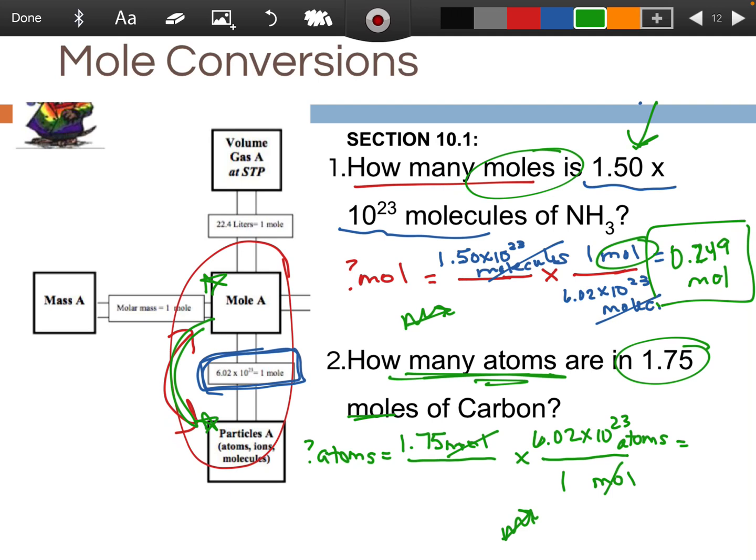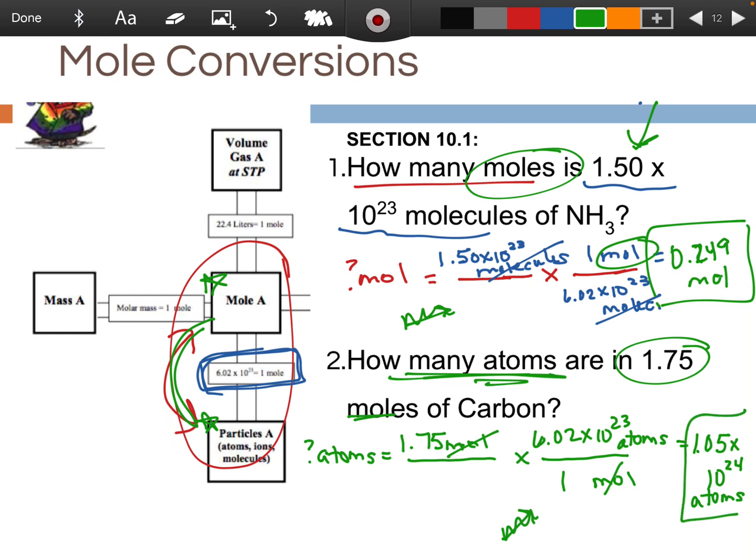And then to solve this, you would multiply the numbers across the top and divide by the numbers along the bottom. So we're going to take 1.75 times 6.02 times 10 to the 23rd divided by 1. Our number in the problem has 3 sig figs, so we're going to end up with 1.05, and then times 10 to the 24th is an exponent.